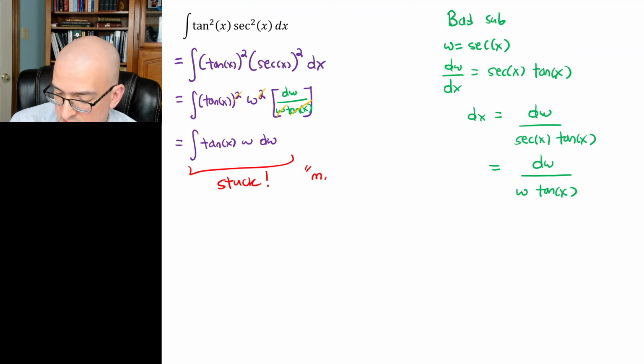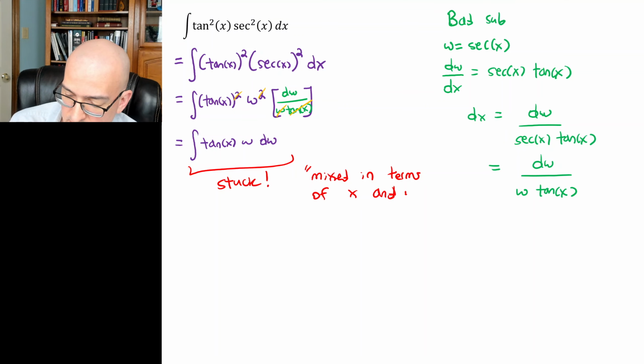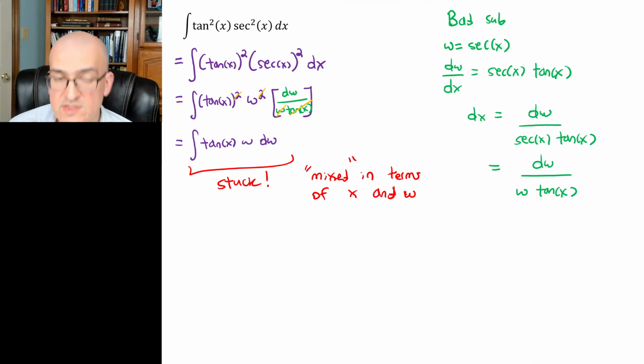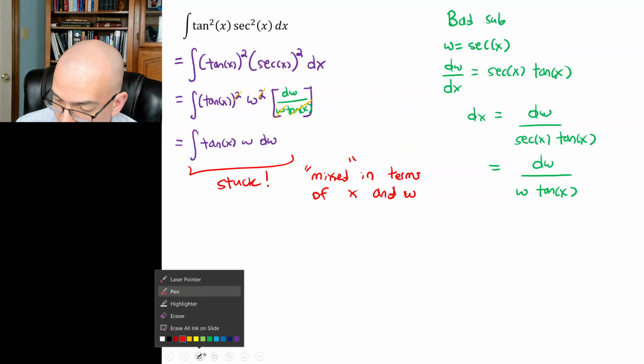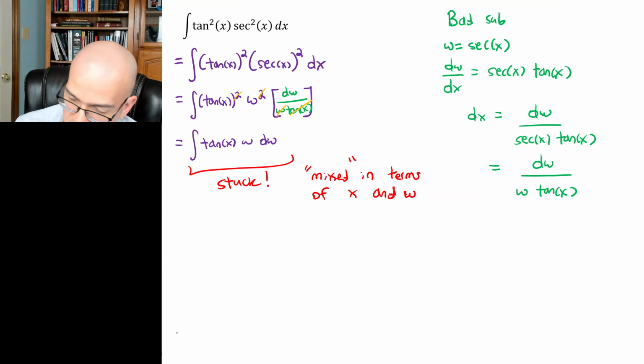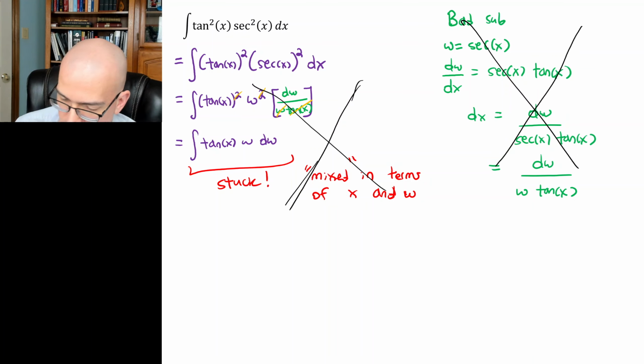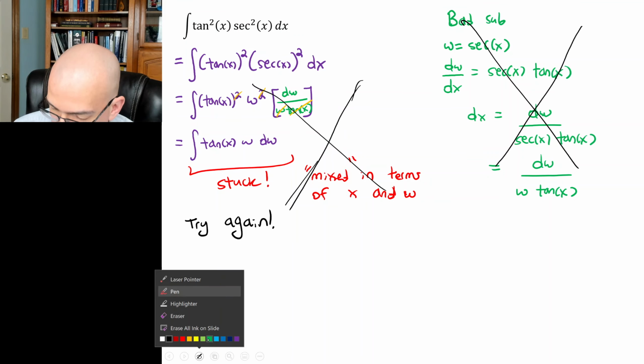It's a mixed expression, mixed in terms of x and w. This is always bad. So I'm going to lightly cross it out. I want you to still be able to see it. Try again. So this time I'm going to let w equal tan of x.